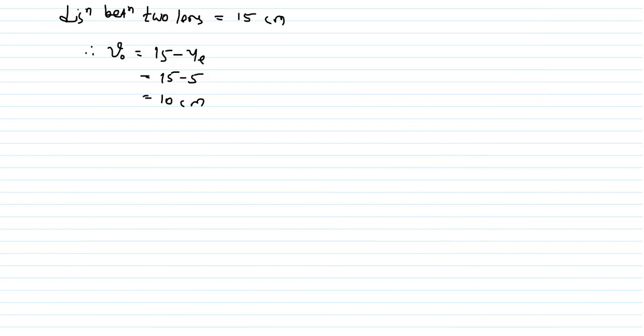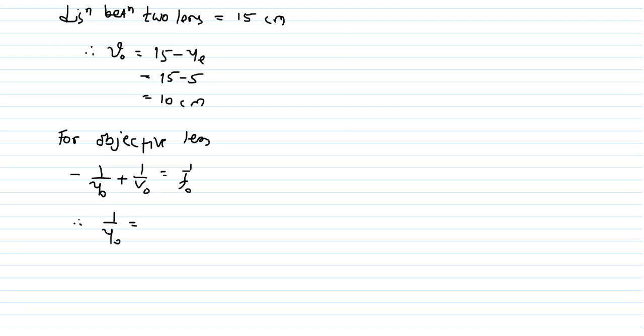Now for objective lens, ये हमने लिया था eyepiece. Now for objective lens, what you can say, -1 upon UO plus 1 upon VO is equal to 1 upon FO. Okay, here I want to find out 1 upon UO, that is equal to 1 upon VO minus 1 upon FO.